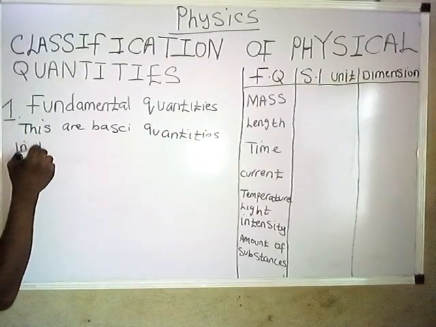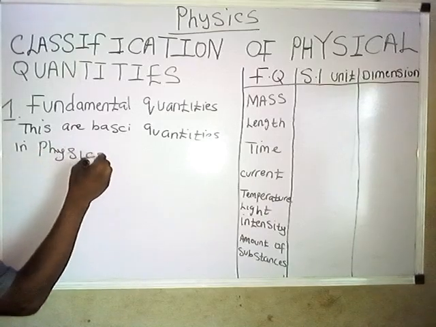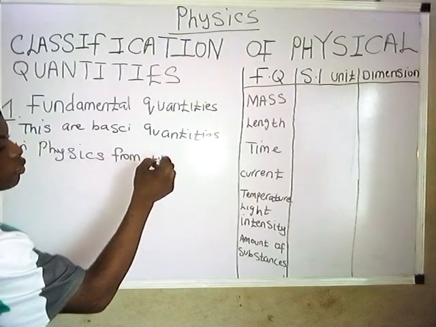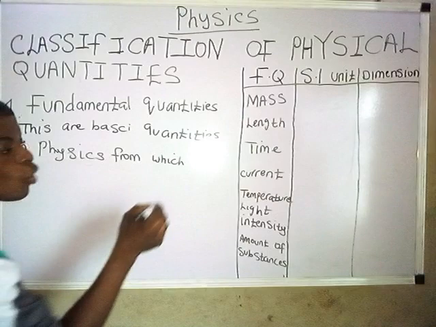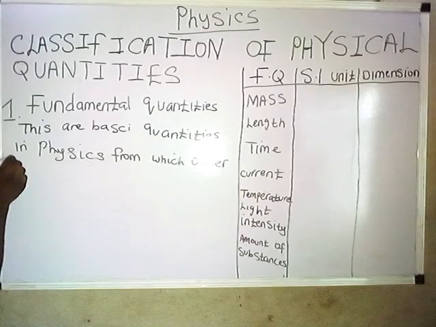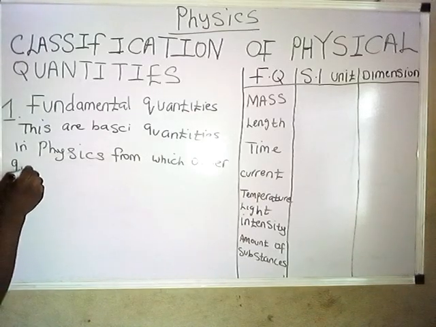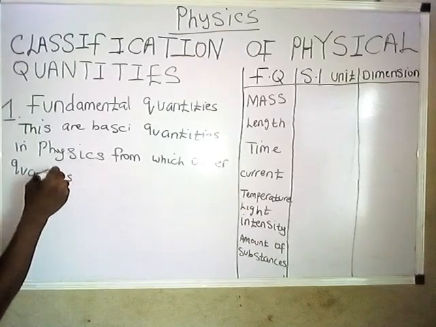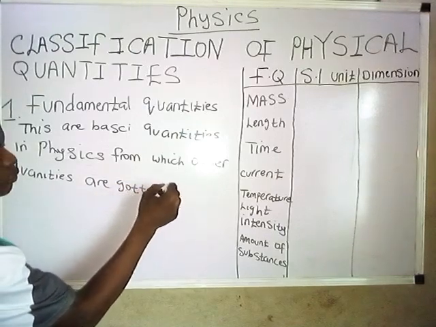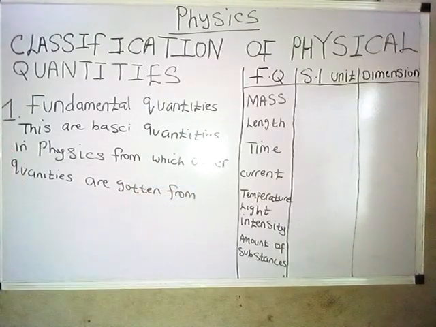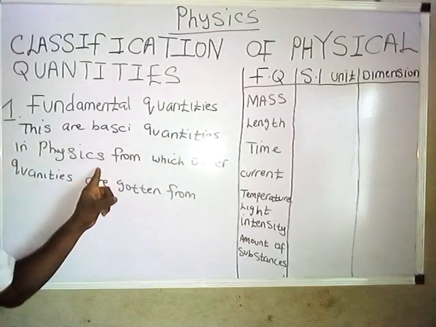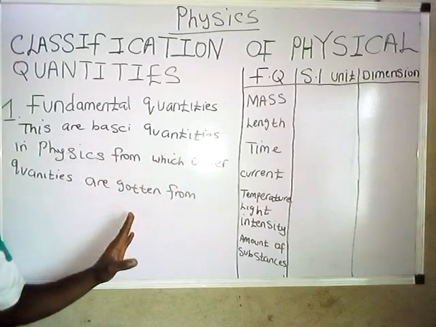That must be noted, in physics, from which other quantities are gotten. So we can define fundamental quantity: these are basic quantities in physics from which other quantities are gotten from.